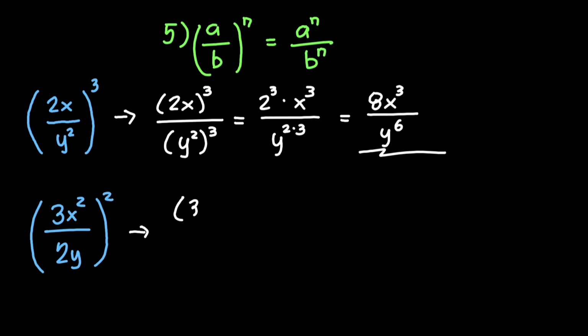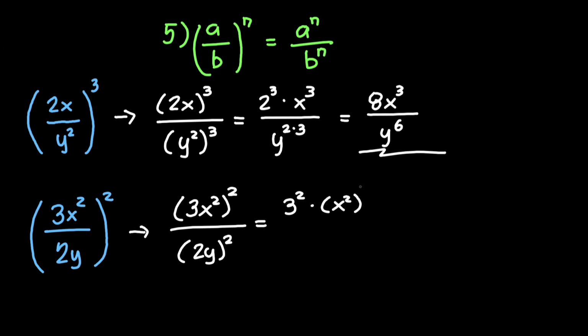It would be 3x squared raised to the power of 2 over 2y raised to the power of 2. So it would be 3 squared multiplied by x squared over 2 squared multiplied by y squared. 3 times 3 would be 9, and 2 times 2 would be 4, multiplied by y squared.